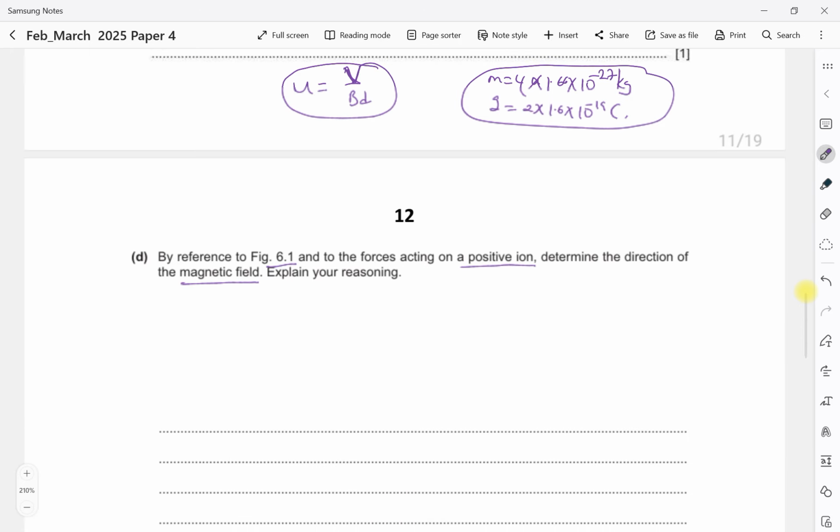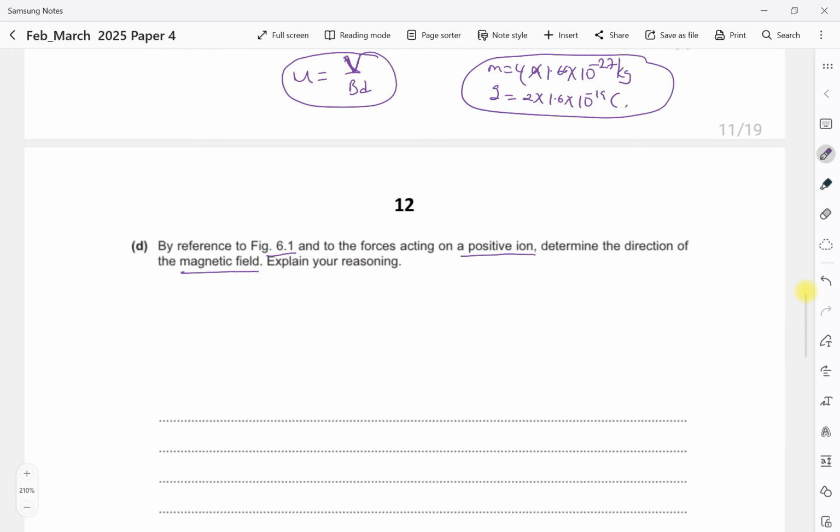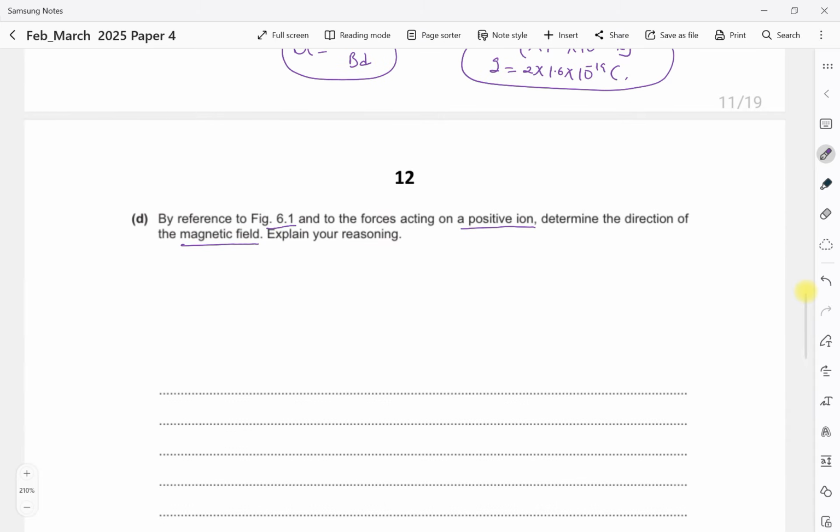They said, explain your reasoning. So I'm going to try and explain my reasoning here. I will first sketch. So this is a magnetic field, an electric field. This is positive, this is negative. So if a positively charged particle is entering there, this is in the direction of its speed.